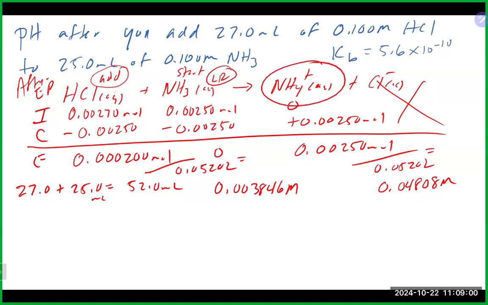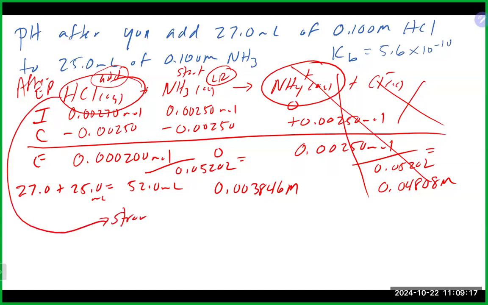Here we have, not going to worry about that. We got ammonium and we have HCl. And because we know we're after the equivalence point, we're pretty much just dumping in the HCl at this point, right? And although the NH4 plus will go through hydrolysis, at this point of the titration we're going to ignore that because this is a strong acid, which means that, frankly, that is my H plus concentration.